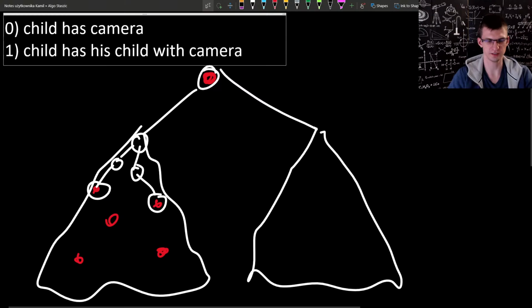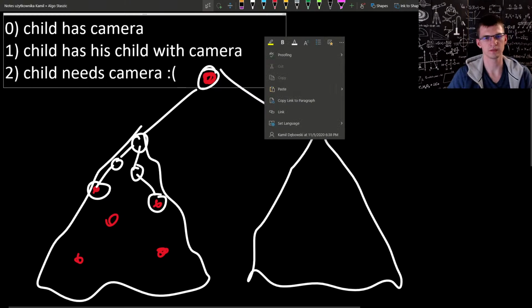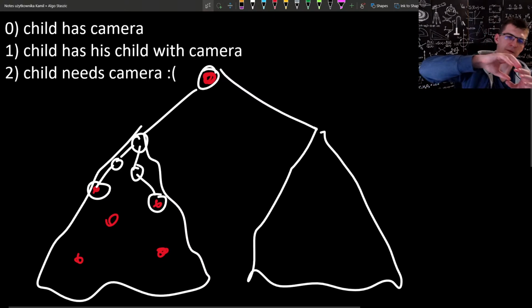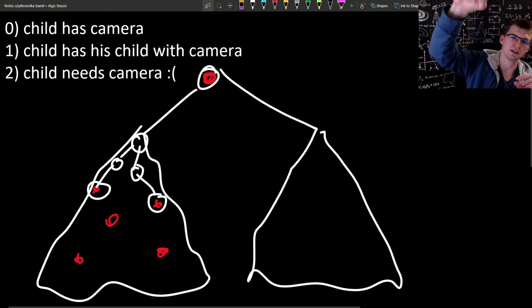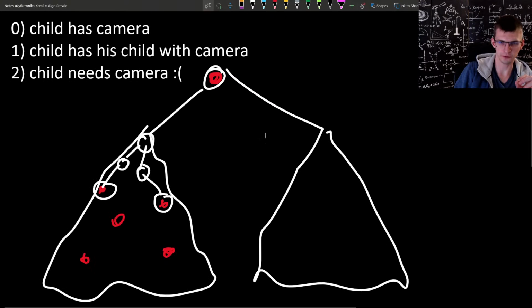Or the 3rd case, the child needs a camera. Needs a camera means it needs to be observed by a parent. If this is the case, then in this last case we are forced to put a camera here.